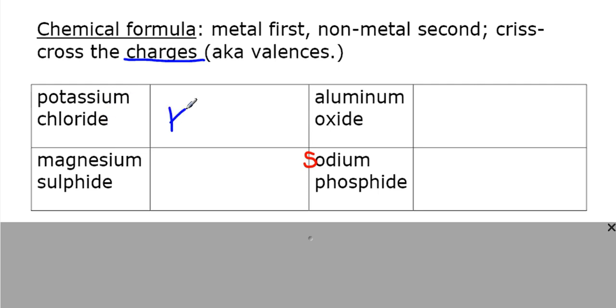So you're going to write the symbols for each of your elements. K for potassium, Cl for chlorine. Then you're going to look on your periodic table and look for the charge. +1 for potassium, -1 for chlorine, and then you do the switch. The ones come down, but here, since they're both 1 and the same number, you just get KCl. Why don't you try the other three? Pause the video, see if you can do them, and then we'll walk through the answers together.